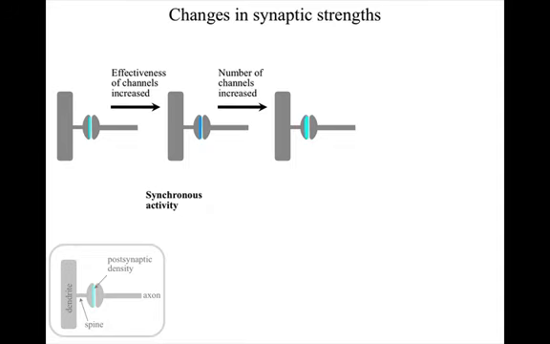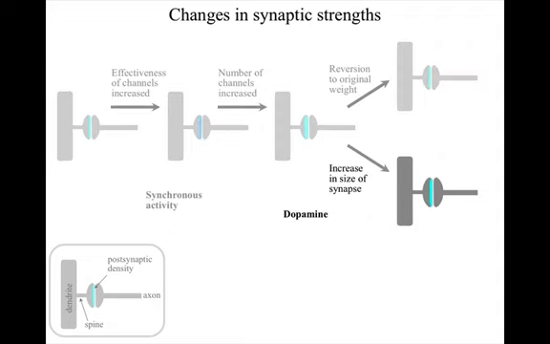A somewhat longer-term effect, lasting about up to an hour, is an increase in the concentration of chemicals in the postsynaptic density, again increasing the response of the synapse. But once again, the higher concentration tends to return to the equilibrium concentration. However, if the dopamine signal is received before the higher concentration has disappeared, an increase in the size of the synapse occurs, locking in a weight increase longer term.